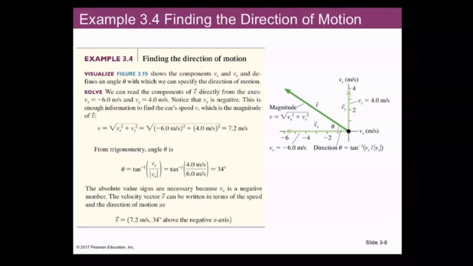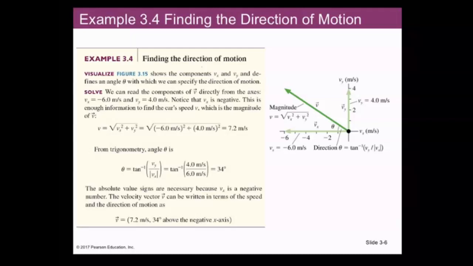When we solve, we can read the components of the vector v directly from the axes. V sub x is equal to minus 6.0 meters per second, and v sub y is equal to plus 4.0 meters per second. Notice that v sub x is negative.